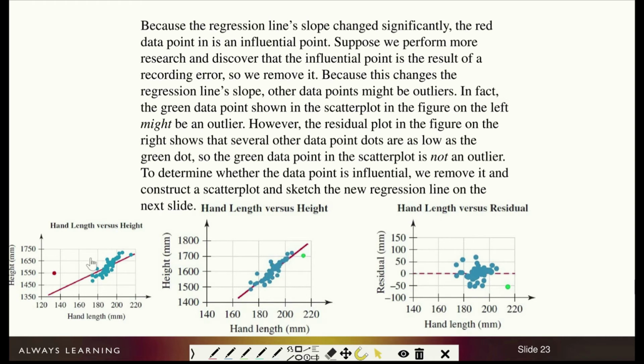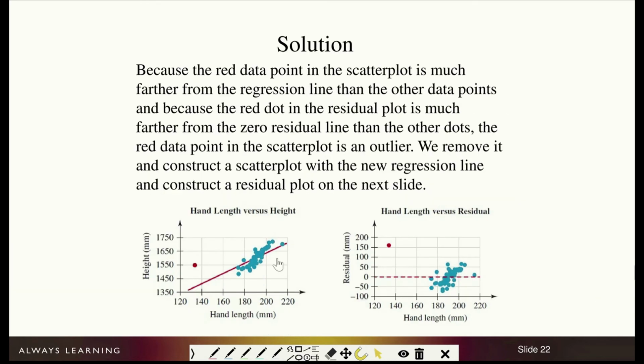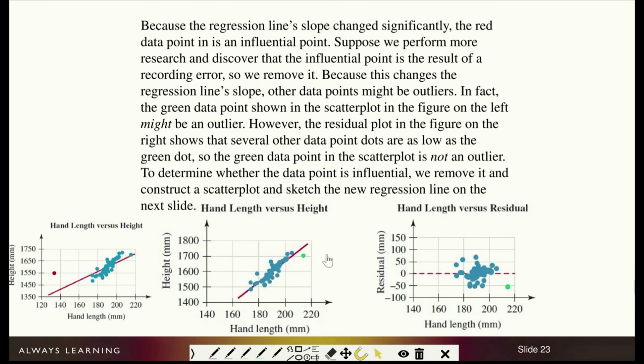Now, however, notice there was also a green dot that we were following in the previous page as well. This is our previous page. We kind of wanted to follow the fate of that dot as well, right? So what we did is we took that dot out as well and then calculated the new regression line and also looked at the new residual plot.